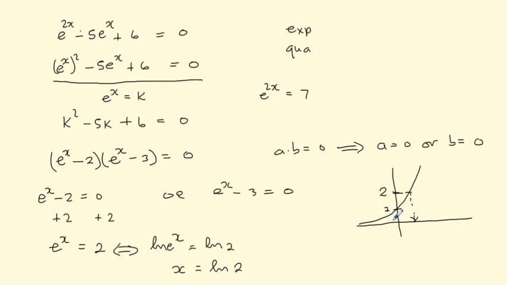If we want it in decimal, then we use a calculator. Similarly here, we'll end up with e to the power of x equals 3, and then we get x equals ln 3, applying the same manipulation we've just done here.